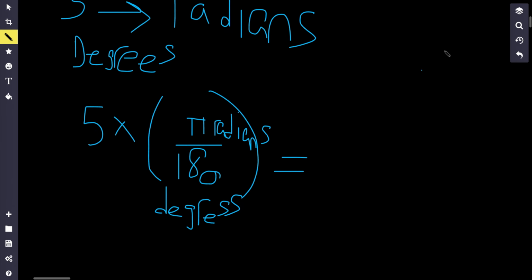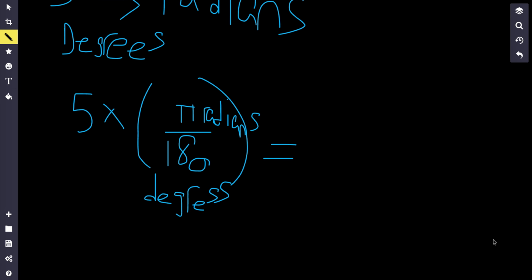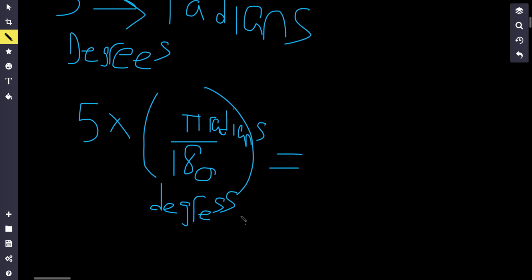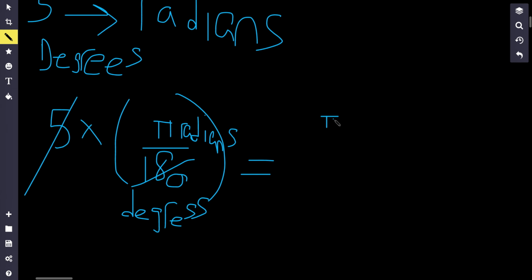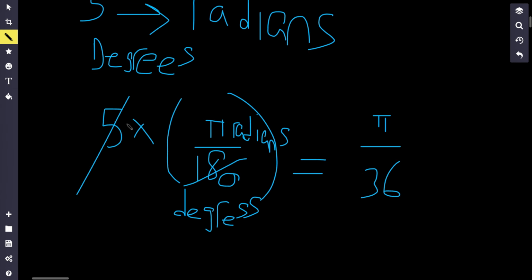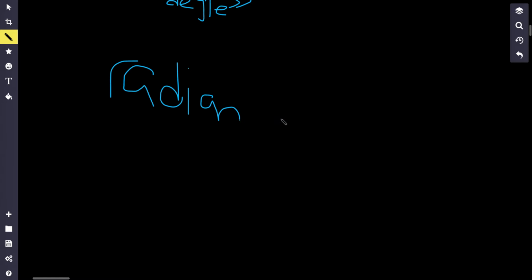So 5 divided by 180 gives us pi over 36.